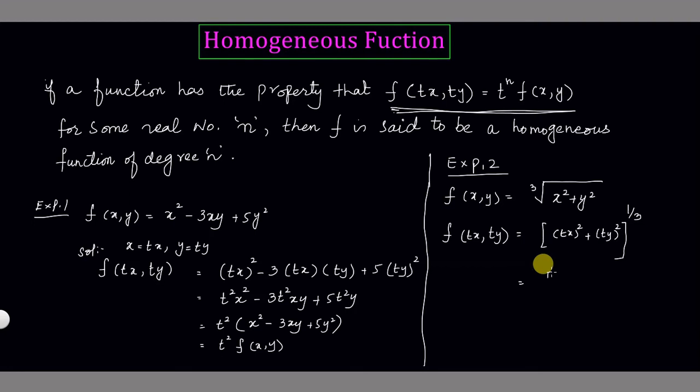After simplification we have t square x square plus t square y square, to the power 1 by 3.